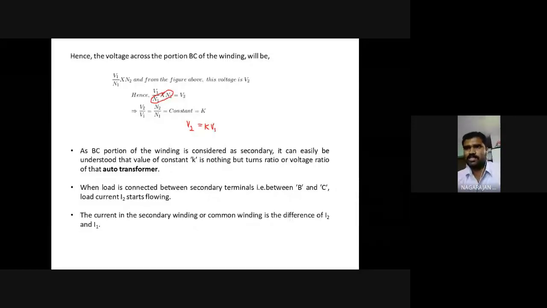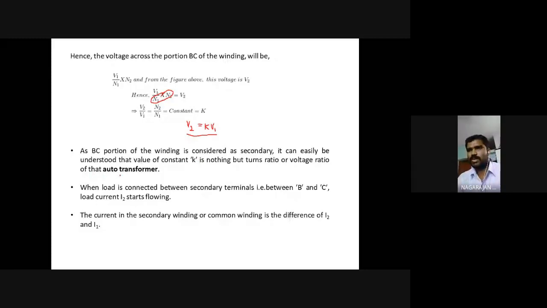Can we write this equation like this? Since V2 is equal to V1 cross N2 divided by N1, and N2 divided by N1 is considered as K, the transformation ratio, that value is substituted here and I get V2 is equal to K into V1. Do you understand now? So that is what is given in this line.